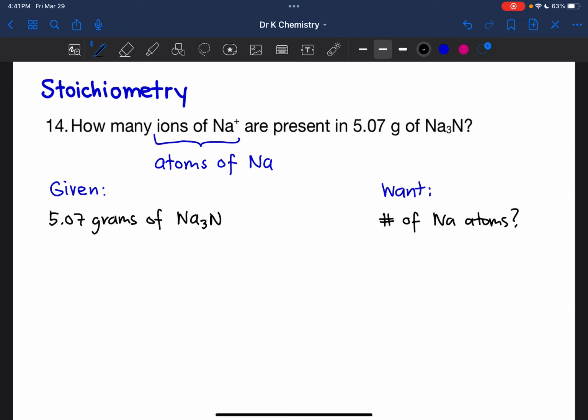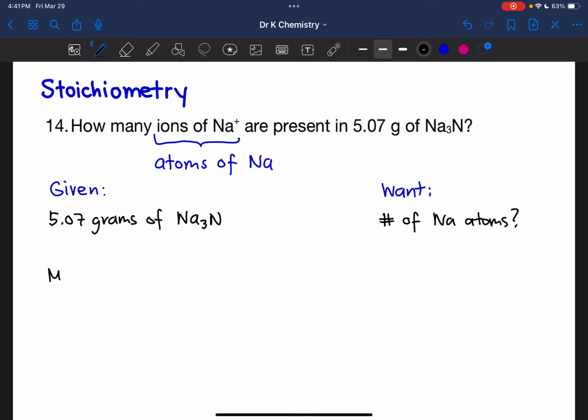So not how many sodium nitride formula units do we have, how much sodium alone do we have? And there are a couple of things to recognize here. We don't have a direct relationship between grams and the number of sodium atoms. However, there are 2 things that can get us there.